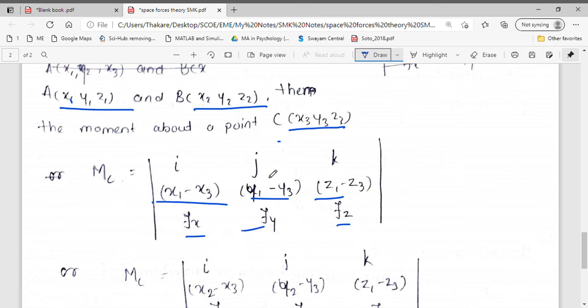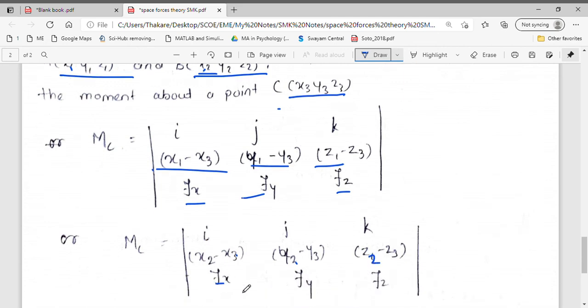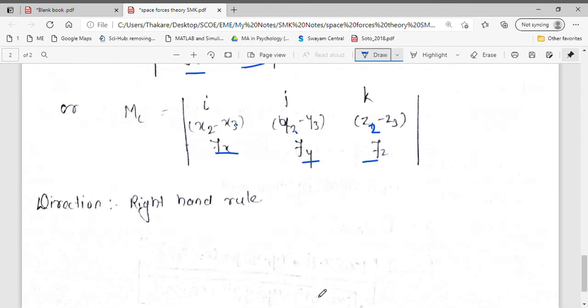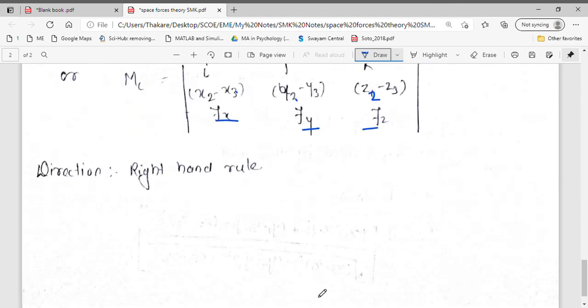Okay, and i j k similarly for x2 y2 z2, so b minus c, x2 minus x3, y2 minus y3, z2 minus z3, and then you will have Fx, Fy and Fz. This is how you determine the moment in a space force system. The direction of moment would be considered using the right hand rule. This is important from your theory point of view. From your numerical point of view, we will discuss one problem in the later videos. Thank you.